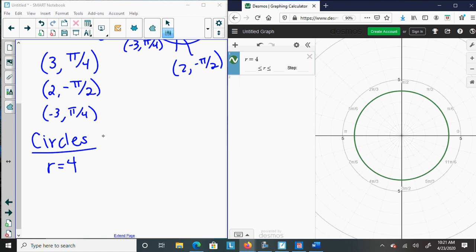Okay. And if we think about what the r stands for and the actual equation of a circle in xy form, remember I said circles are x squared plus y squared equals r squared.